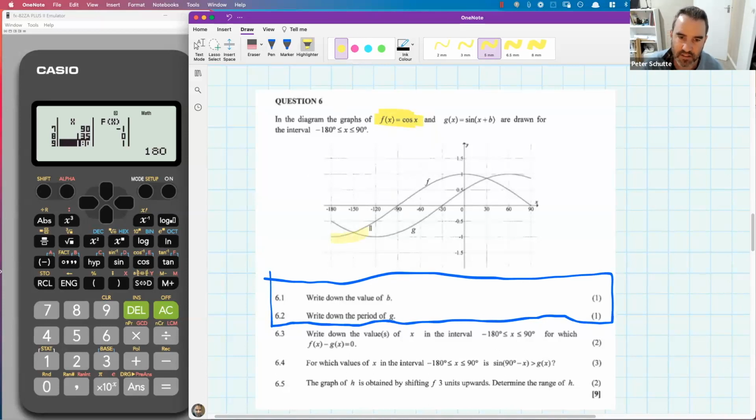So that's this yellow one here. And then it says that g of x is sine x plus b, and that's this one over here. Can you work out the answers for 6.1 and 6.2? See if you can have a go at that.